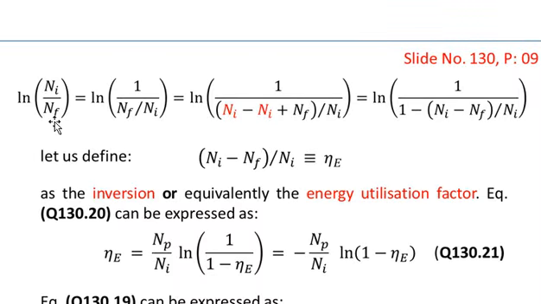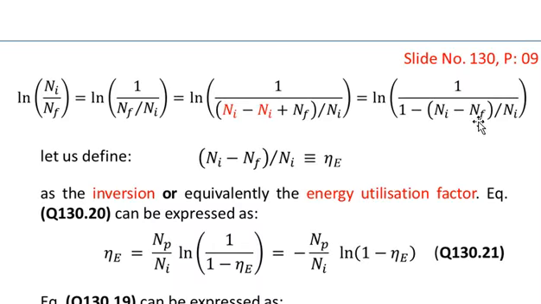So log of Ni over Nf can be written as this, because we can move Ni in the denominator in this form, and we can add Ni and also subtract Ni in the denominator, and then you can divide Ni only on this term and also on this term, and then we have log of 1 over 1 minus Ni minus Nf divided by Ni. So this is simple mathematics.